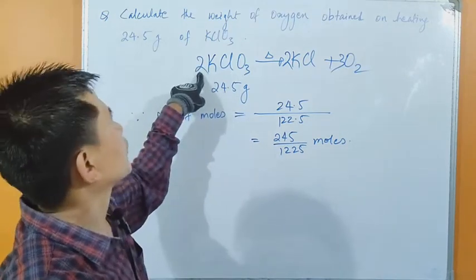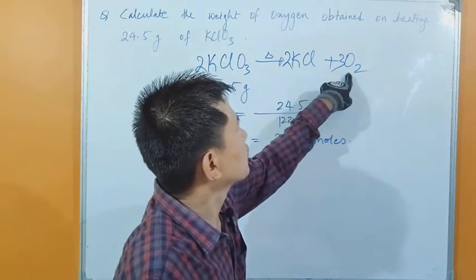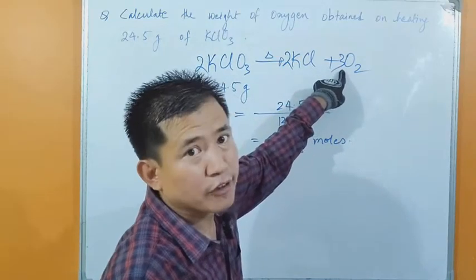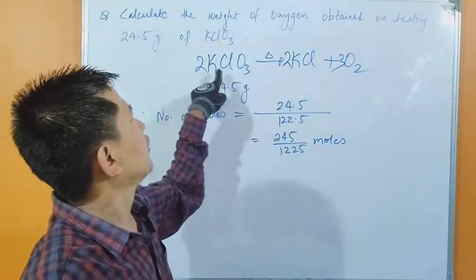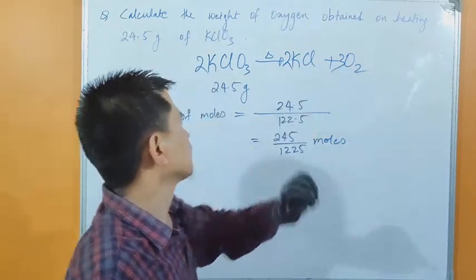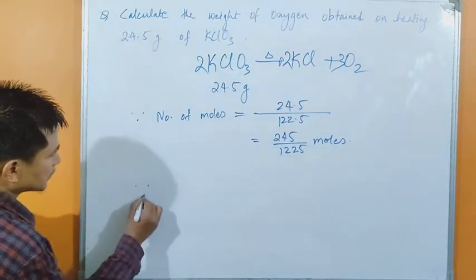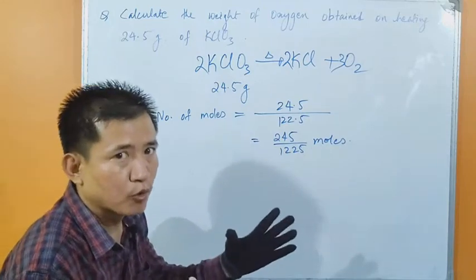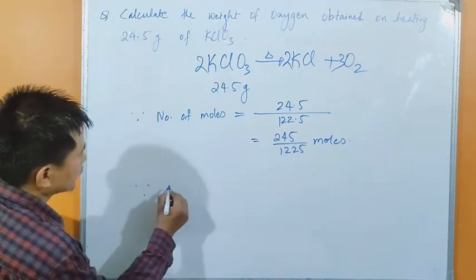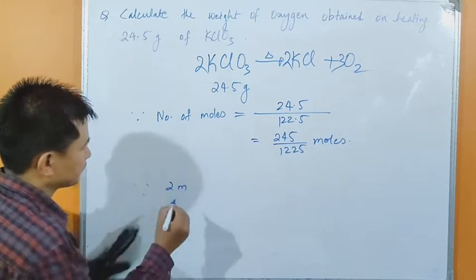2 moles of potassium chlorate produces 3 moles of oxygen, isn't it? 3 is written in front of oxygen. So 2 moles of potassium chlorate produces 3 moles of oxygen, and I am trying to find the number of moles of oxygen now.